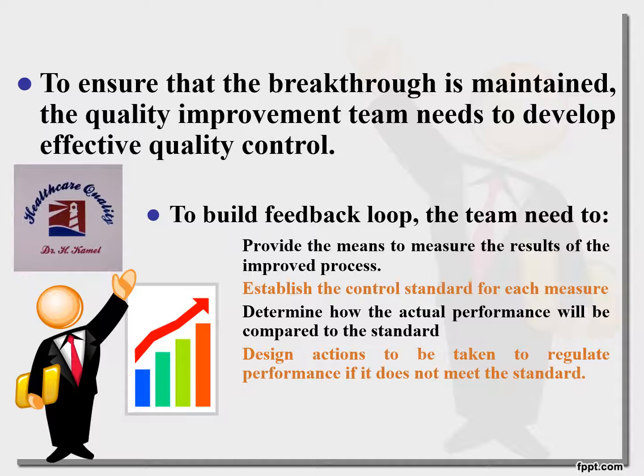To build a feedback loop, the team needs to provide the means to measure the results of the improved process, establish the control standards for each measure, determine how the actual performance will be compared to the standard, and design actions to be taken to regulate performance if it doesn't meet the standard.